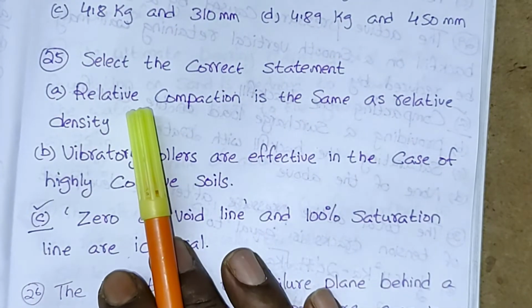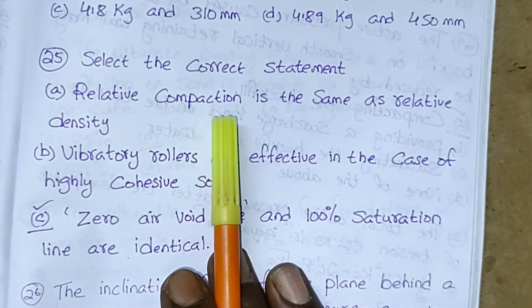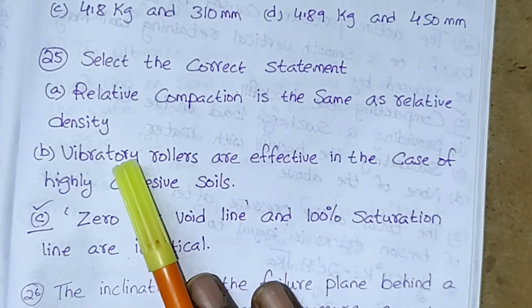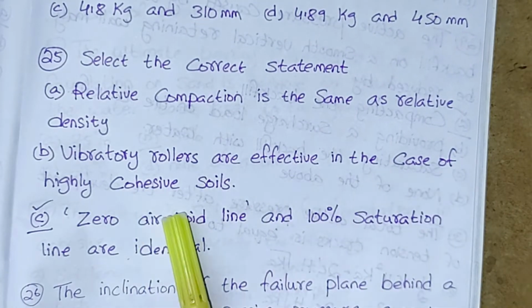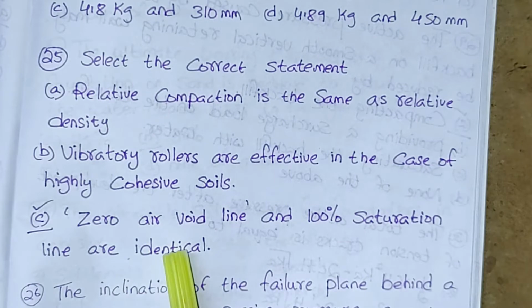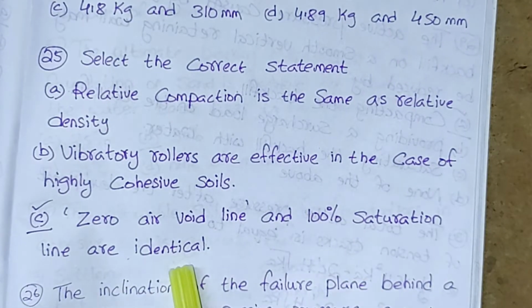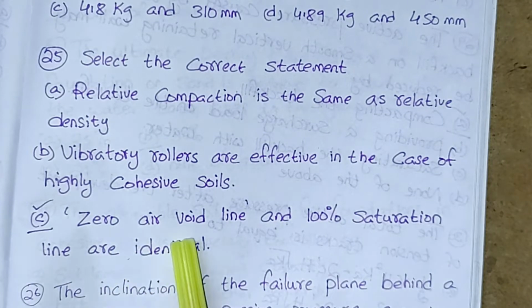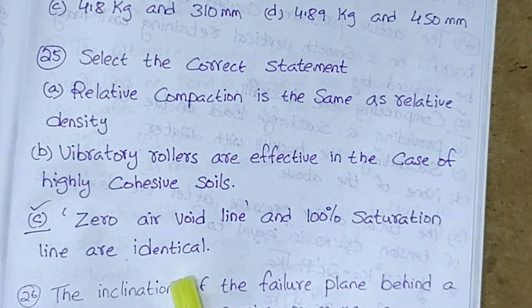Next, select the correct statement. Relative compaction is the same as relative density. Vibratory rollers are effective in the case of highly cohesive soils. Zero air void line and 100% saturation line are identical. So the correct answer is zero air void line and 100% saturation line are identical.